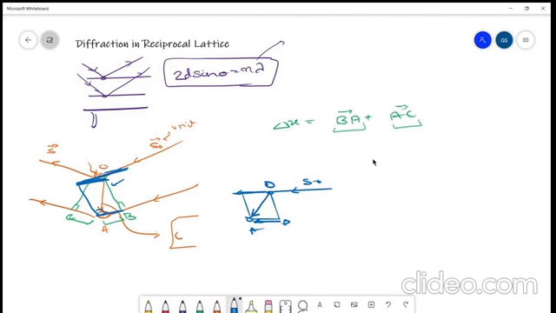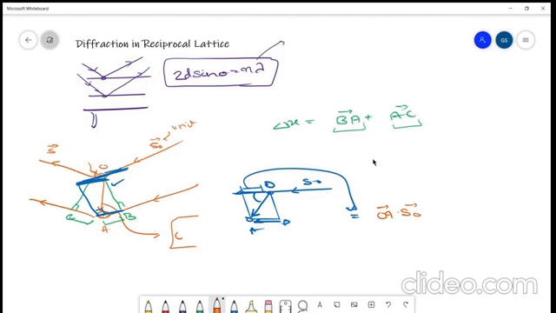So we can easily see that this AB length is actually the component of OA vector on S0. So I'll just write that this length is equal to the component of this vector OA on S0. So component can be written as a dot product. So this is the thing.